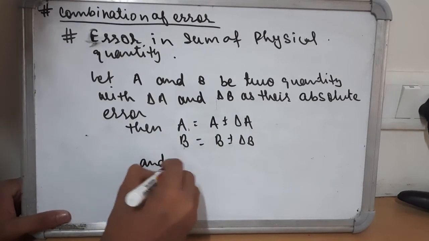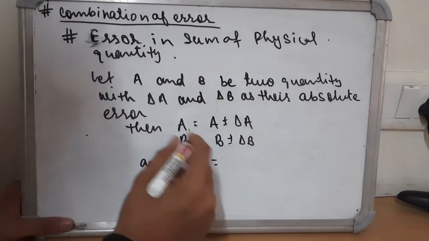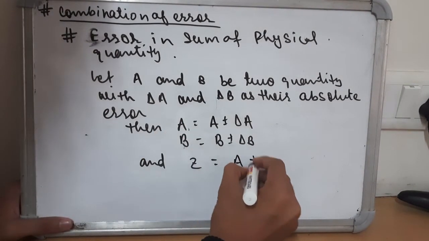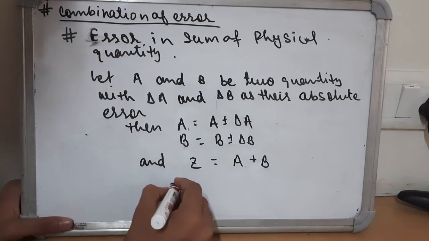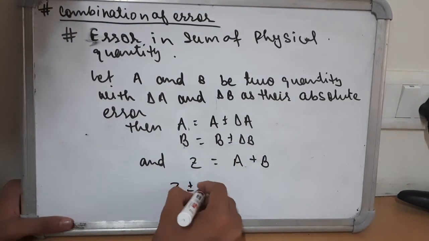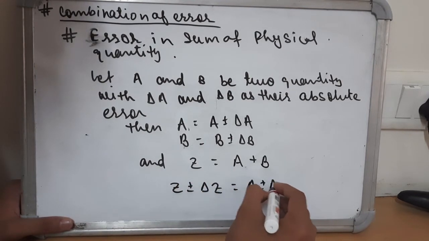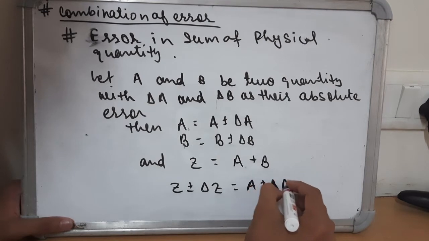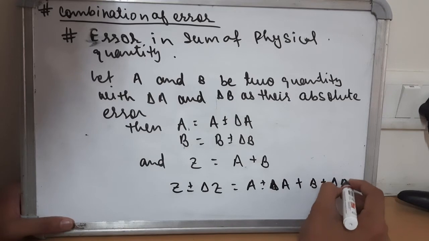And we have some other quantity Z, which is the sum of these two quantities, that is A plus B. So this Z can be written as Z plus minus delta Z, and this A can be written as A plus minus delta A, and this B can be written as B plus minus delta B, right?